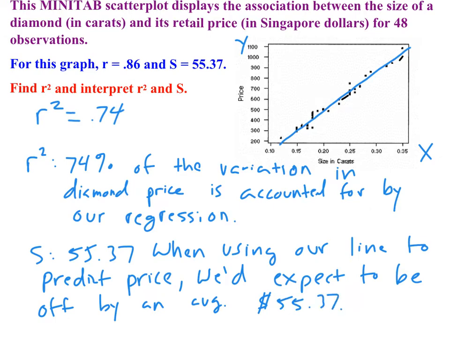And it looks like we're trying to predict diamonds that are anywhere from like $200 some up to like $1,100. So it depends, but that's not that bad, right? R squared is pretty high. We feel like we can predict price pretty accurately. So as a result, S ends up being relatively low. Our predictions aren't off by that much. Again, look at the scatter plot. It makes sense, right? That's not the actual regression line I drew in, but it's probably pretty close, and those points are not that far off.